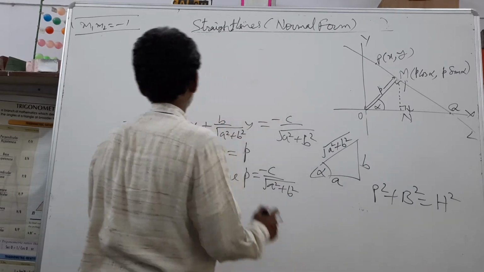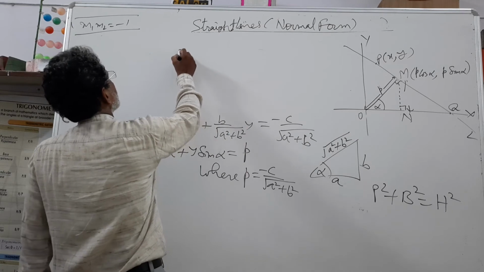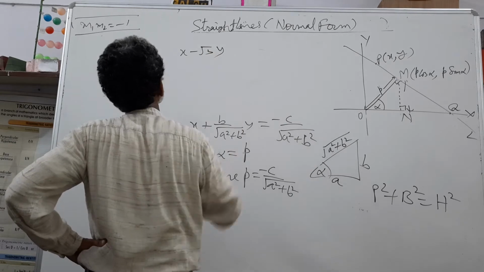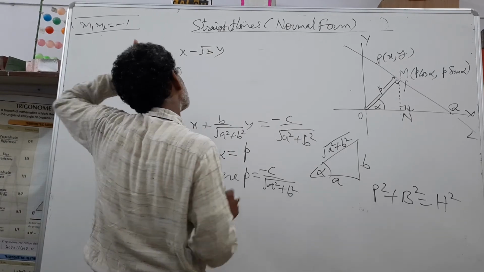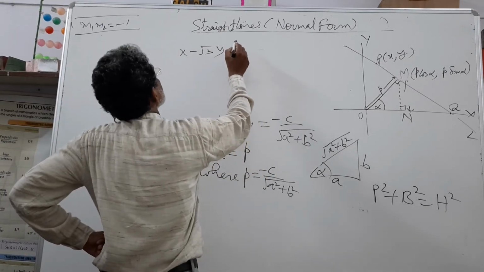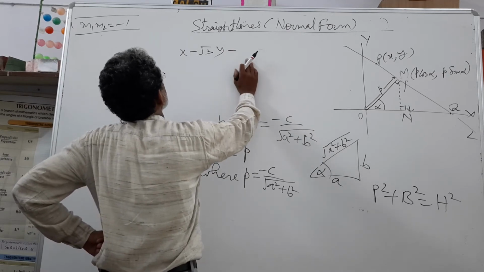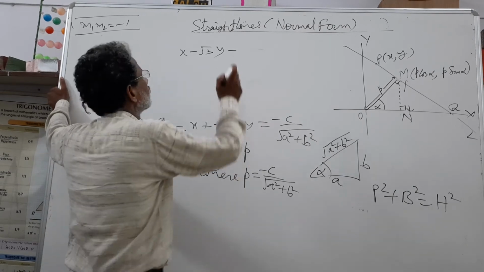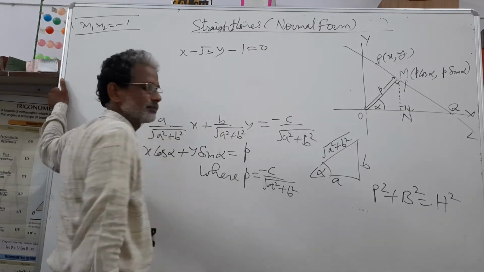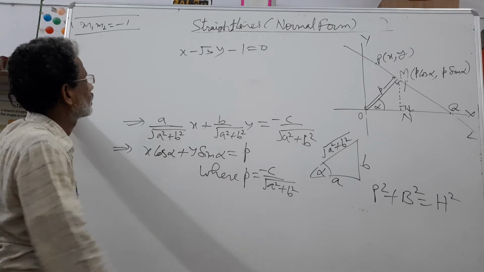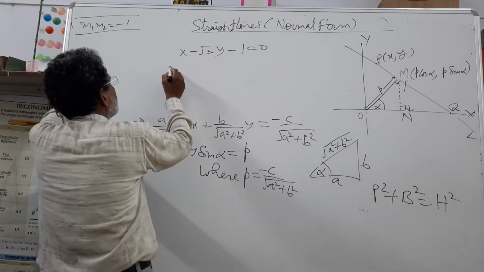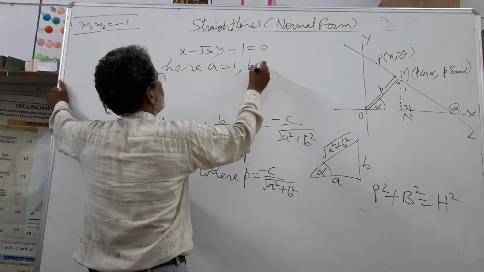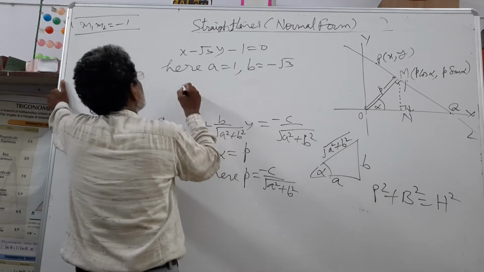Let there be an equation x minus root 3 y minus 1 is equal to 0. This can be written with A equal to 1, B equal to minus root 3.